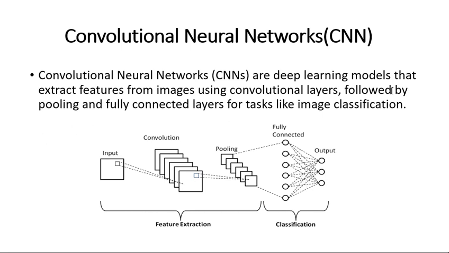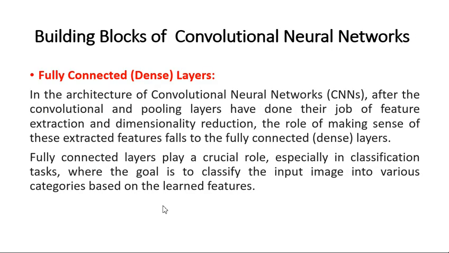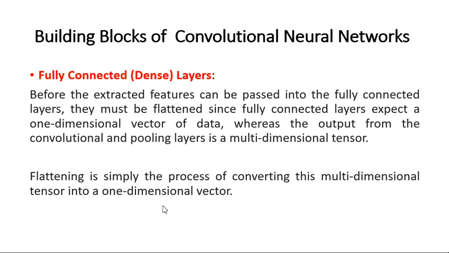So this is the general architecture, basic explanation of convolutional neural networks and their basic building blocks. However, the multidimensionality or one-dimensionality depends on the input.